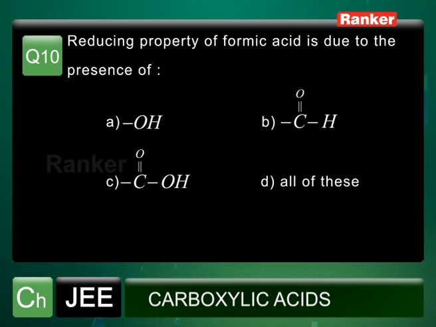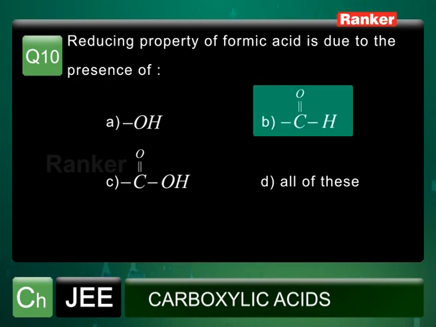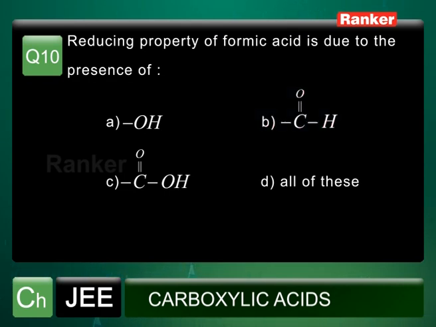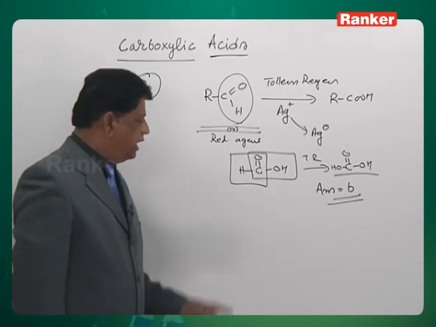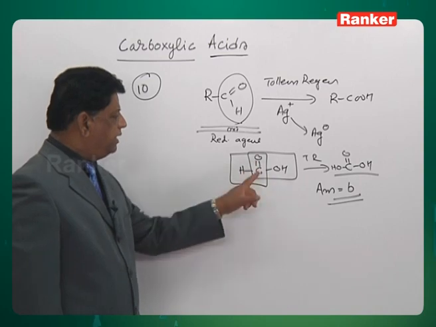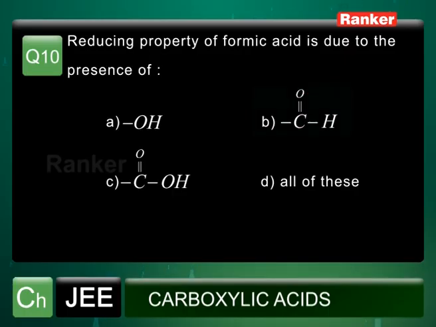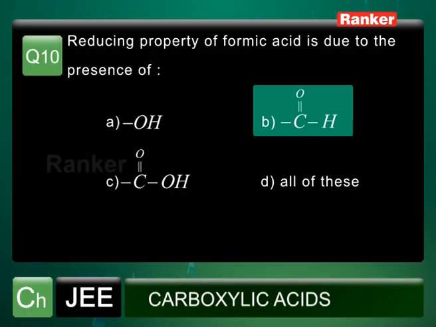Answer B, aldehyde, is right, and carboxylic acid is the acidic property. All of this is also wrong, so the answer is only B. Only formic acid has this type of unusual behavior. It has the acidic property as well as the aldehyde nature, that is, the reducing property is also there.